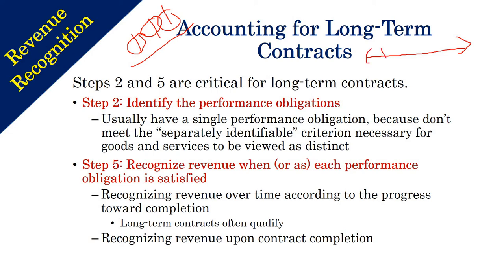It may take 1, 2, 3, 4, 5 years. So in that case, we will be allocating the price, meaning the revenue, based on the percentage we completed. And in step 5, revenues are recognized when each performance obligation is satisfied. But in this case, we will be recognizing revenue over a period of time based on the progress towards completion.